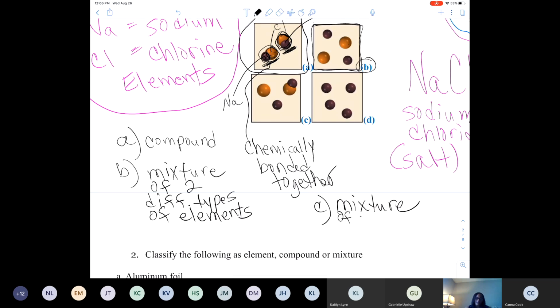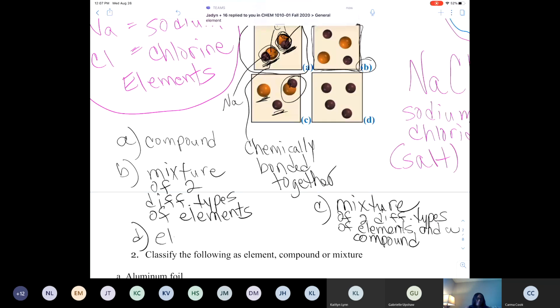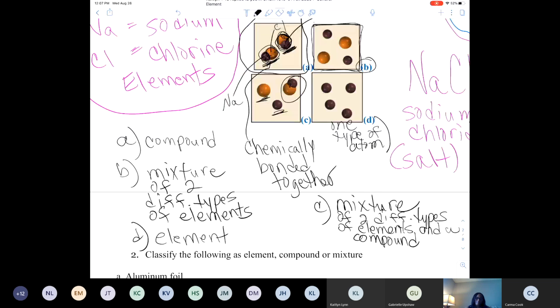We've got 2 different types of elements and also a compound that looks just like the guys in part A. And finally, what about D? Very good. 1 type of atom, so therefore an element. Any questions about number 1?